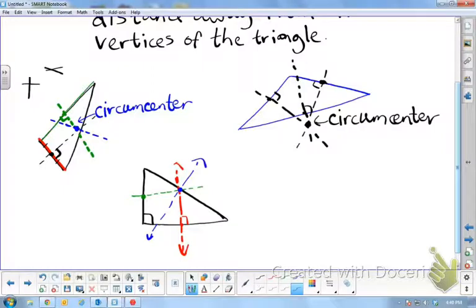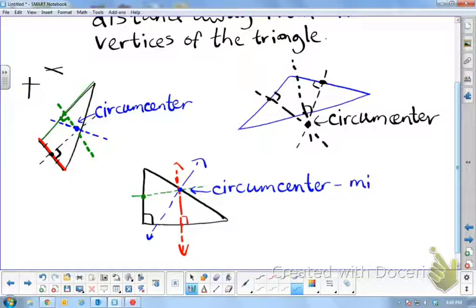So what's special about the right triangle is that the circumcenter is on the hypotenuse. And it's not just on the hypotenuse at any point, it is exactly halfway on the hypotenuse.